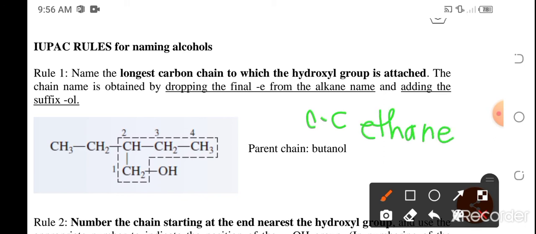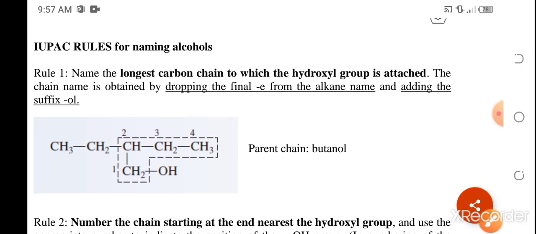However, according to rule number 1, we are going to drop the E. So erase the E, and then you have to add the suffix OL to denote that there is the presence of hydroxyl group. So ethanol, magiging ethanol siya.